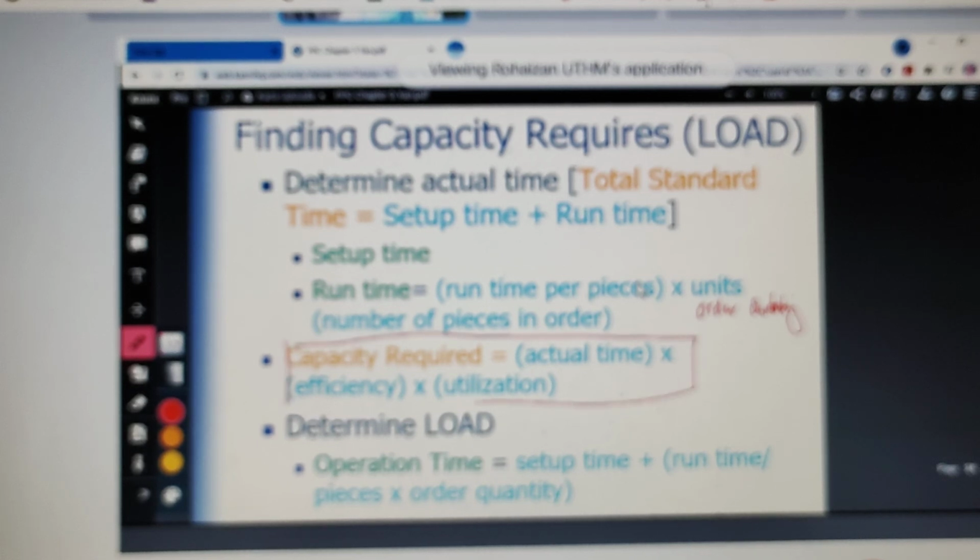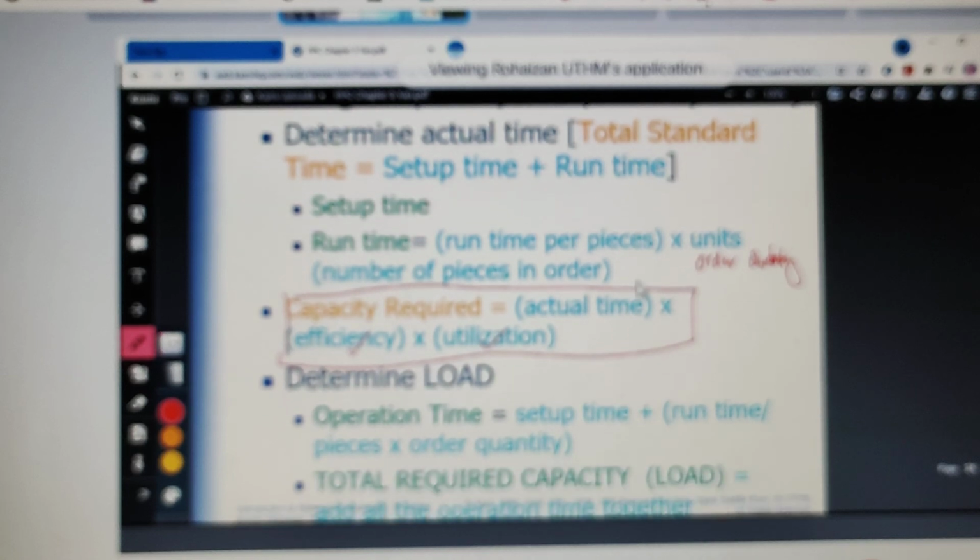Once we know efficiency and utilization, we can get the actual time. We rearrange the formula, and actual time equals capacity required divided by efficiency and utilization. Sometimes we already know the capacity required but not the actual time, so you can use this formula and rearrange it to get the actual time.